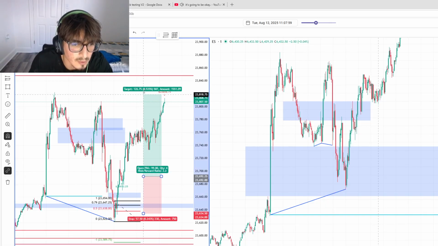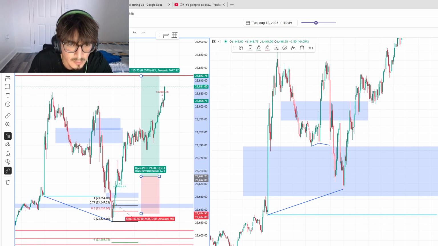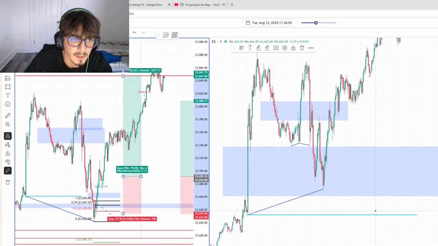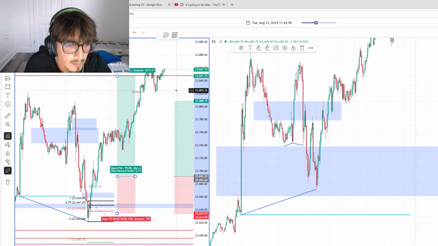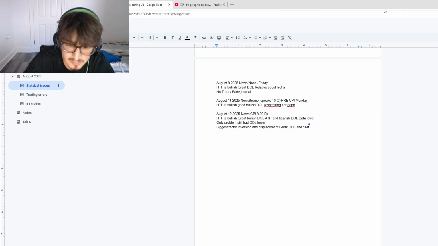I could even put my TP all the way up here. I could have really had a couple runners up here. And then just put break even or something. Because probably it's going to go higher, right? Yeah, take out those all-time highs. But yeah, this is literally what I would call an A plus setup.